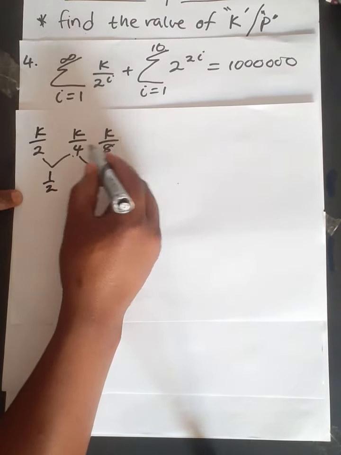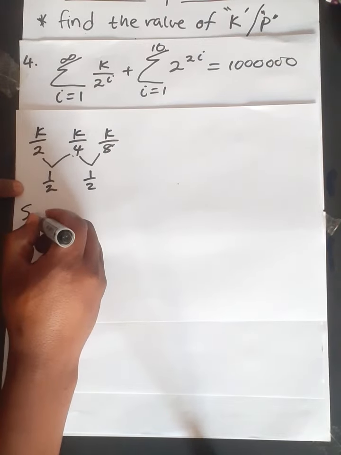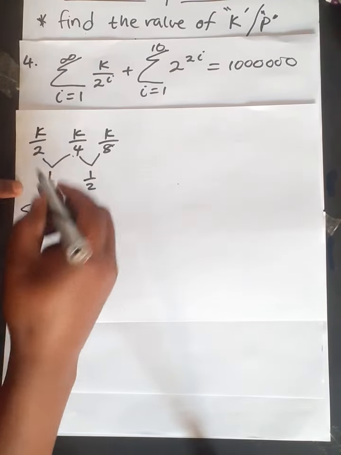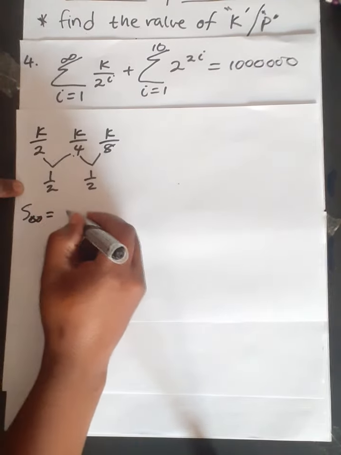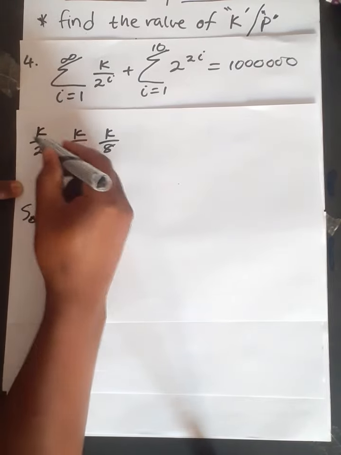So we have seen that this is a geometric. We go and write the formula for geometric. But since there is infinity at the top, we should write the formula for the sum to infinity. a is the first term.